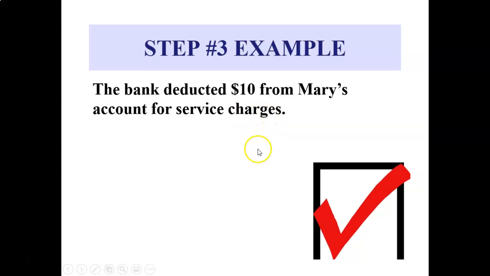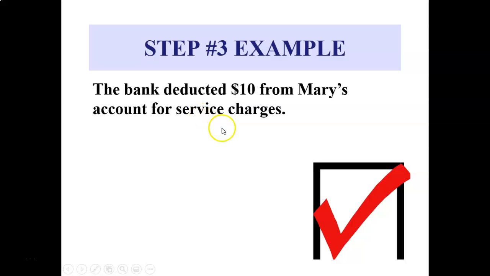Here's another thing. Okay, the bank went through their formula and figured out that Mary owes $10 for service charges. Well, the minute they figured out the $10, the bank took that from her account. So they already have that. They already know about it. It's us that doesn't know because last month it was $12.